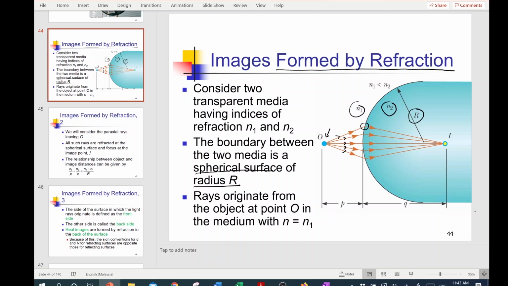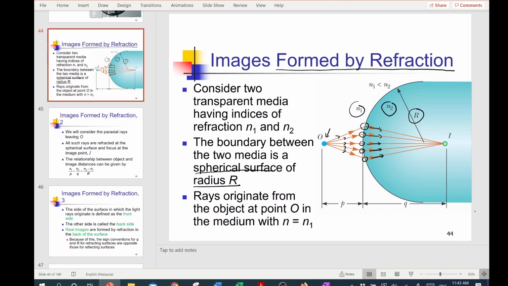Refracted closer to the normal, with respect to the point of refraction, here and here. And according to the law of refraction, the angle will be this way, this way, and so on and so forth.